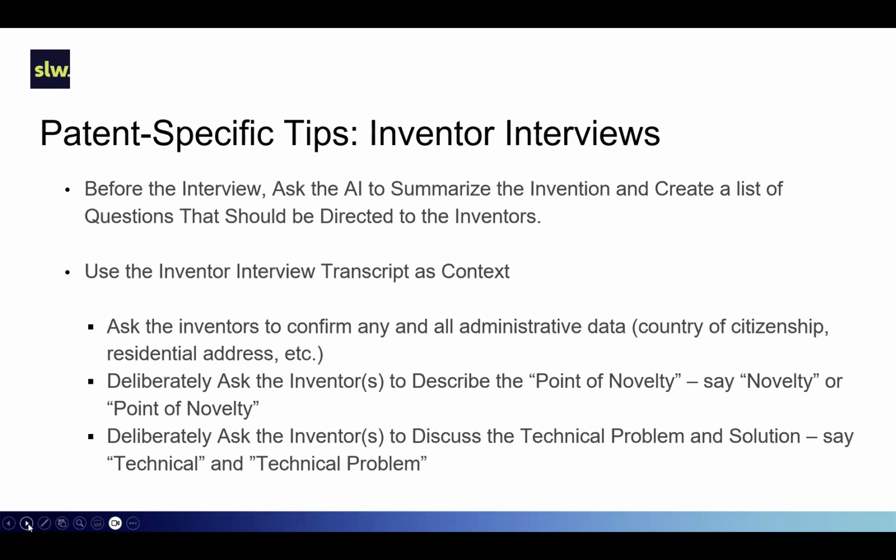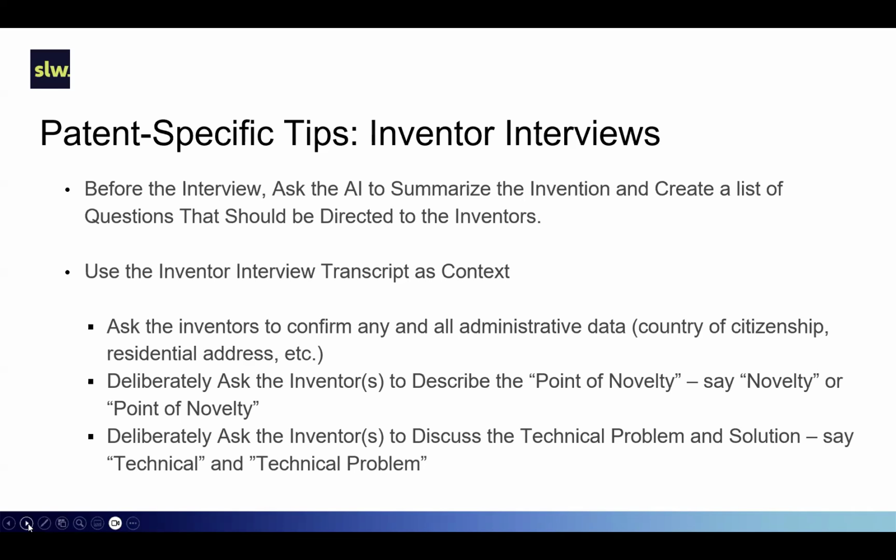And then one of the things I like to do is, based on what the document is, I'll ask the AI tool to create a list of 5 or 10 questions that I might ask the inventors to expand on, what might not be present in that document that they sent over. So that's just a good way to prepare for an inventor interview.